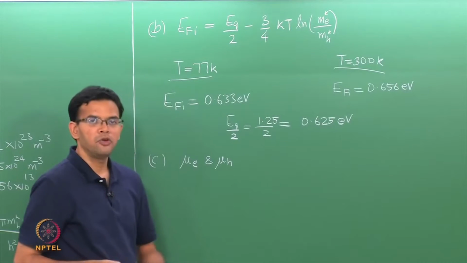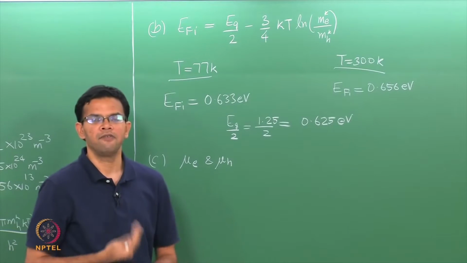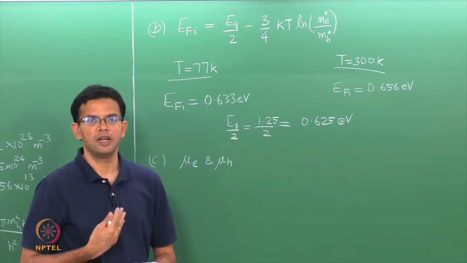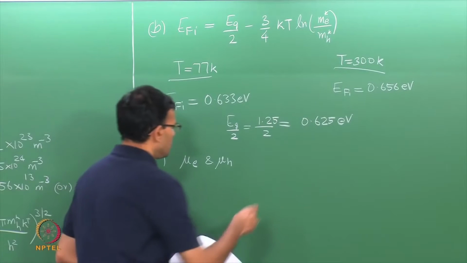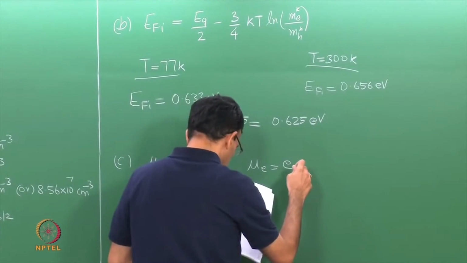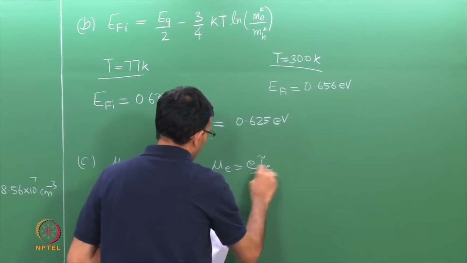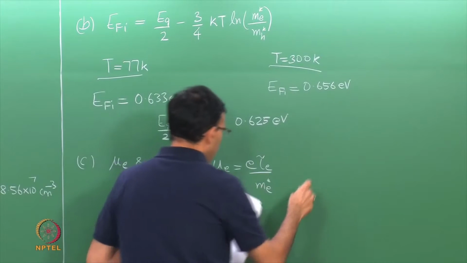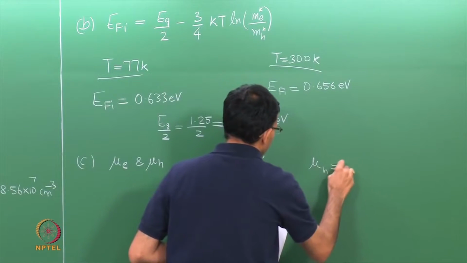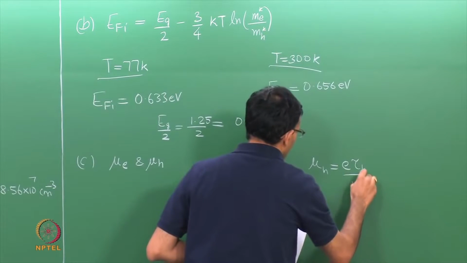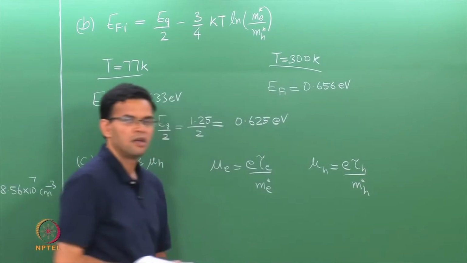So, mu E and mu H are related to the effective mass of the electrons and holes, and they are also related to the scattering time. So, mu E is nothing but E tau E over Me star, and mu H is E tau H over Mh star.